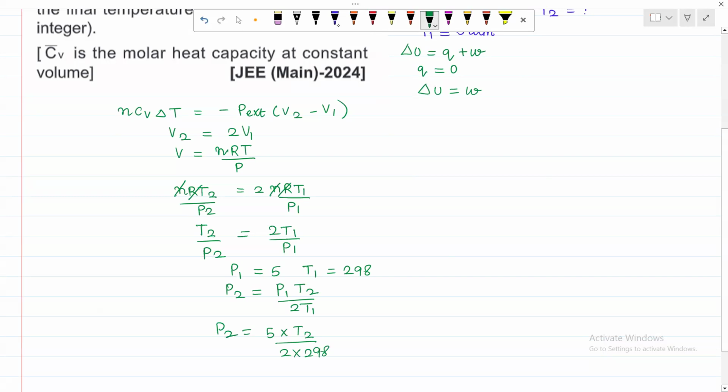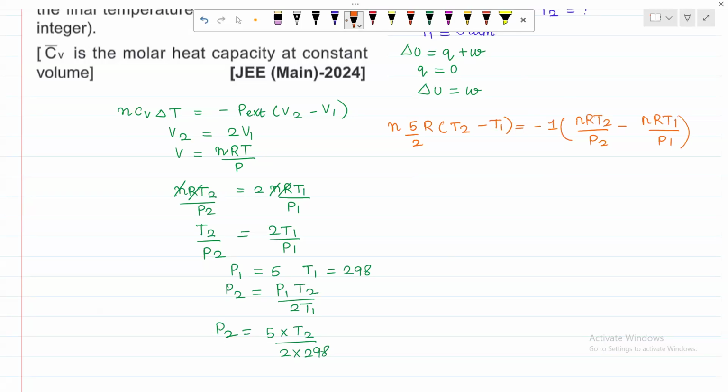Okay. And let us bring back this equation. We can say that n 5 by 2 R (T2 minus T1) is equal to minus of external pressure, which is 1, times V2 minus V1. What is V2? V2 was nothing but nRT2 by P2 minus nRT1 by P1. Okay.